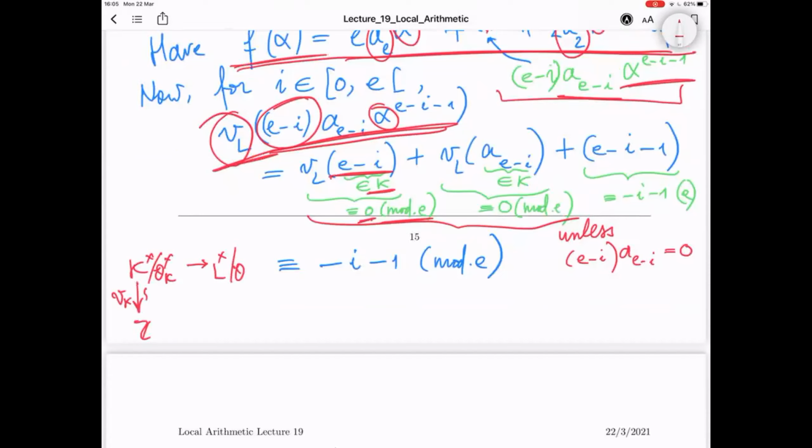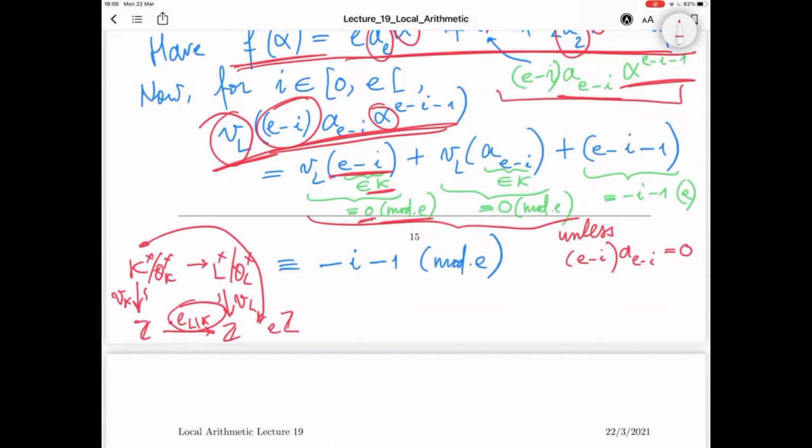Then I have VL, which is also an isomorphism with Z. And the coefficient here, which makes this diagram commute, is e_{L/K}. So no matter which element I start with here I'll end up with something in eZ, right?